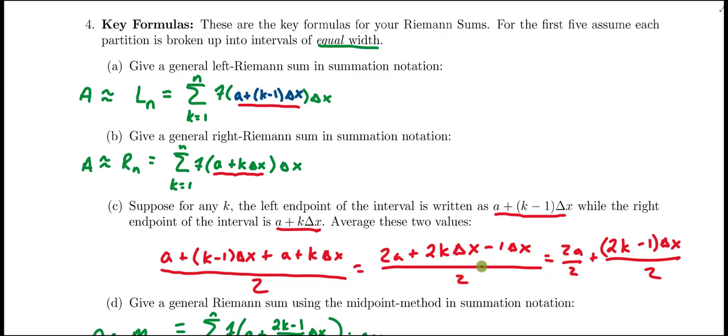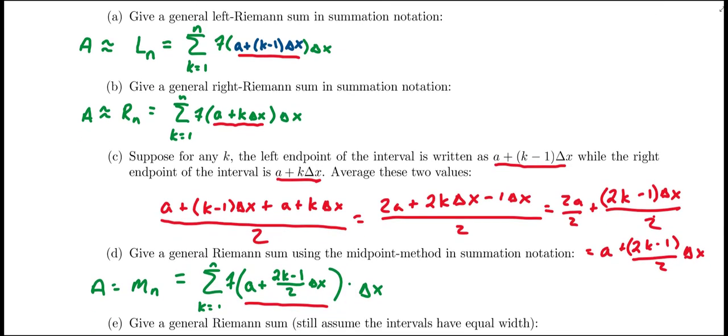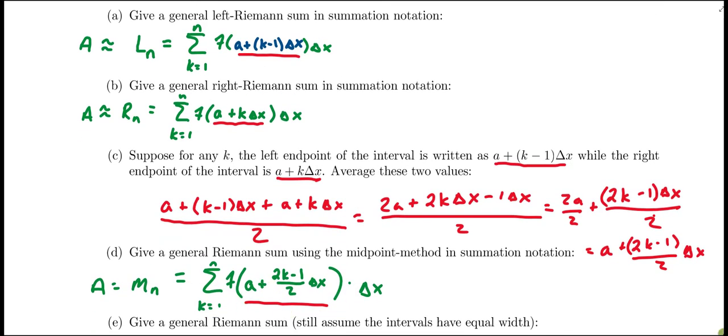That's where I got that from. And then from these second 2 terms, the second and the last, I factored out the delta x. That left me with 2k minus 1. And then I divided 2 into that. So then this gives me just a plus 2k minus 1 over 2 delta x, which is what I've written here for that midpoint method.